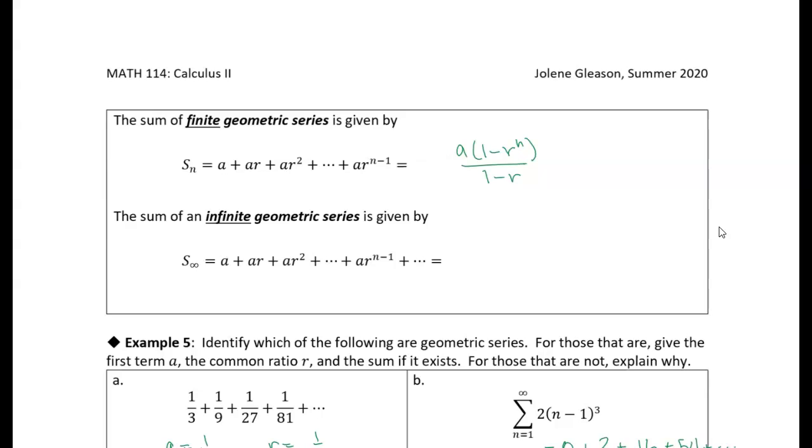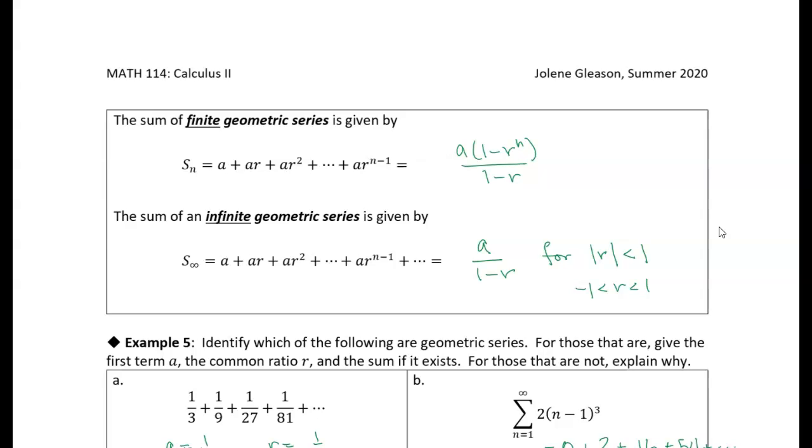And if we have an infinite geometric series, the sum is a over 1 minus r if the absolute value of r is less than 1. So basically r is between 1 and minus 1. So if that's true, then we have this nice little formula for an infinite geometric series.